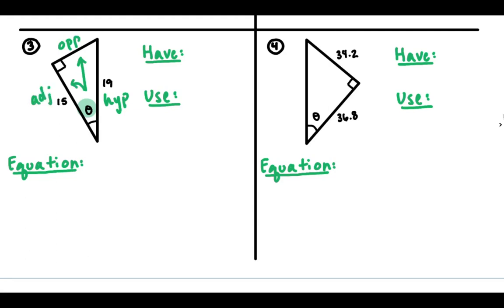So which sides do we have? We have 19 and 15. So that's the adjacent and the hypotenuse. Okay, so now ask yourself, which trig ratio involves adjacent and hypotenuse? And you can write out SOHCAHTOA to help.